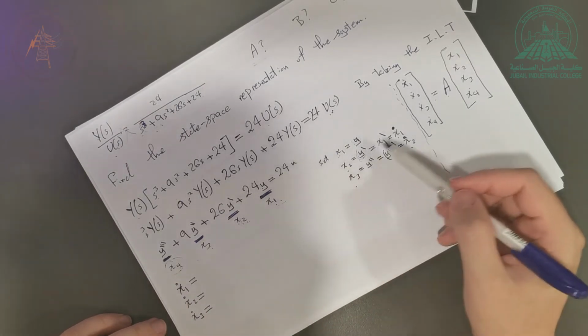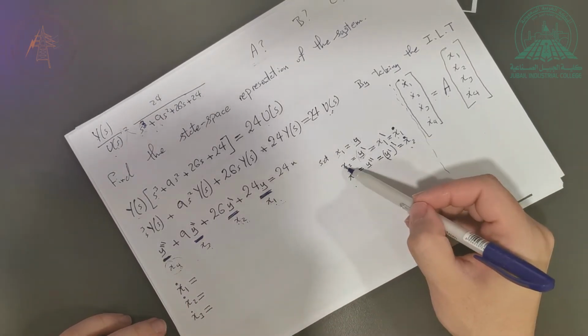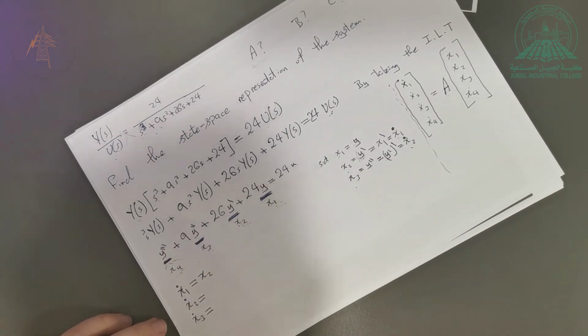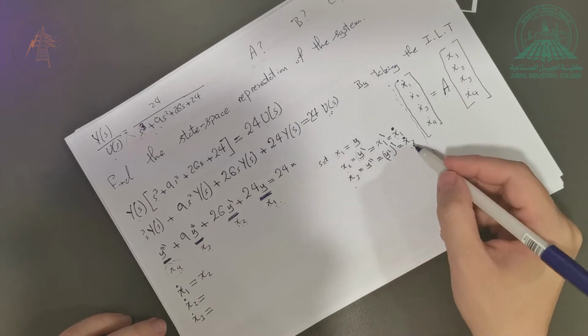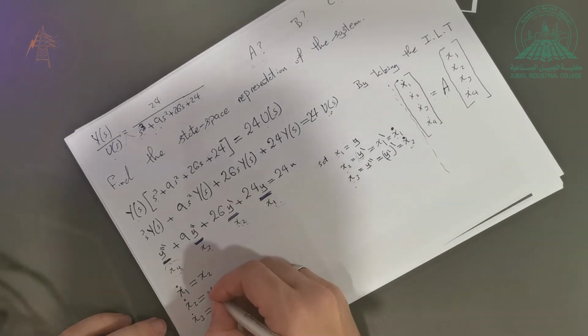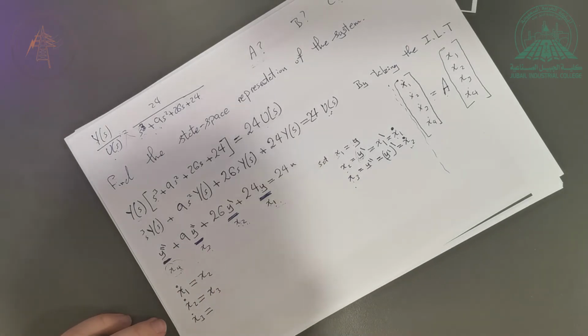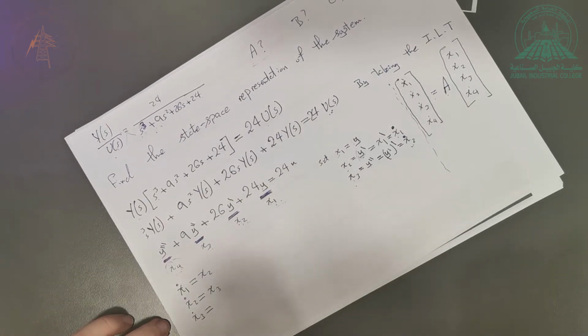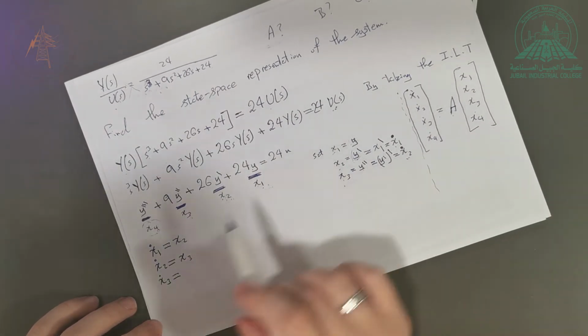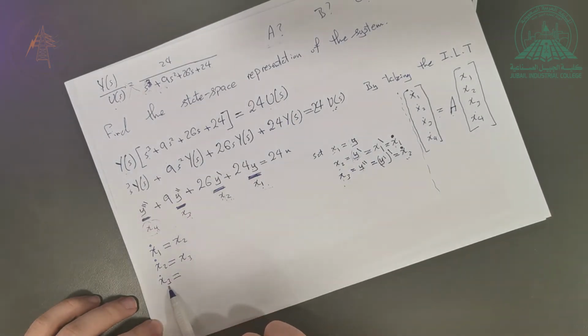So what is x1 dot? Look here, x1 dot is x2, right? So x1 dot is x2. How about x2 dot? x2 dot is x3. So what do you think is the only remaining task for us to find now? The only remaining task is to find what is x3 dot.